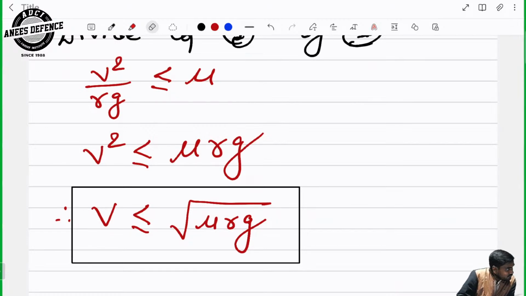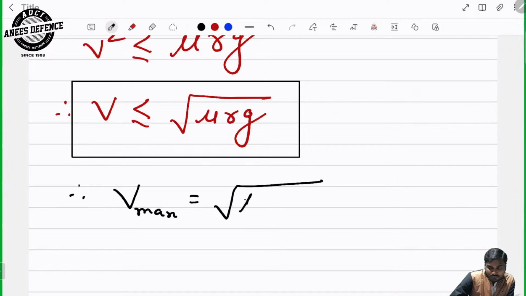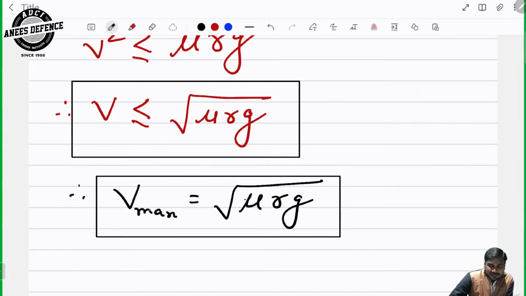Otherwise, remaining values will be less than that value. Hence v max is equal to root mu Rg. Yes or no? Yes. Using this equation, you can calculate coefficient of friction also, right? Right.